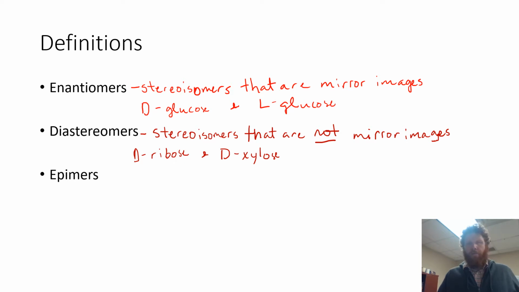However, variation exists among several of the carbons. Then finally, our last definition was an epimer, or epimers. Epimers are diastereomers that differ about 1 carbon.